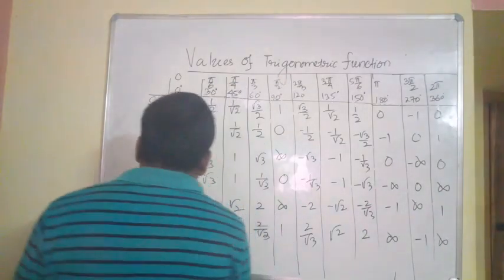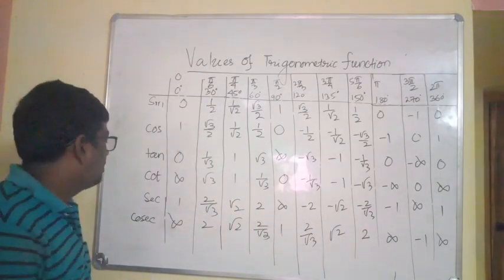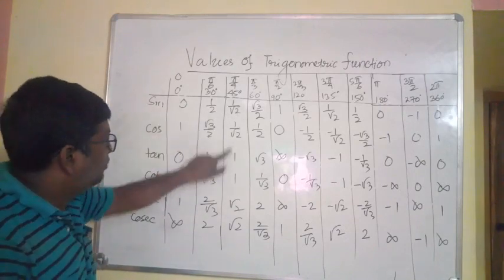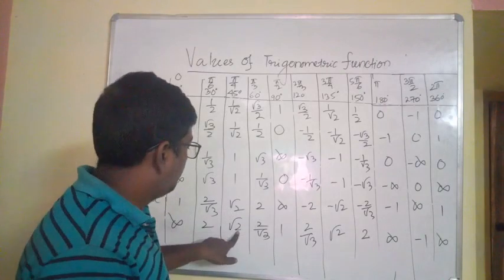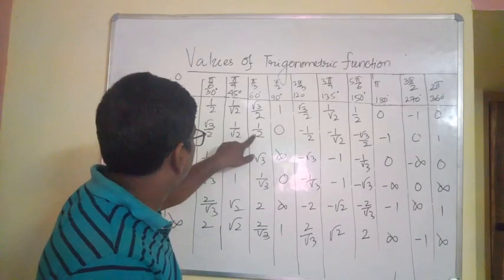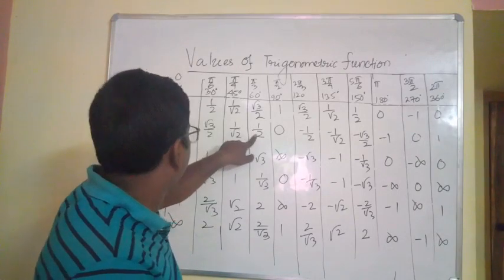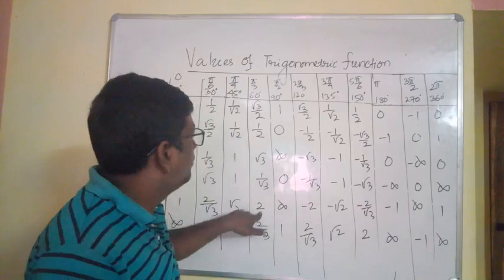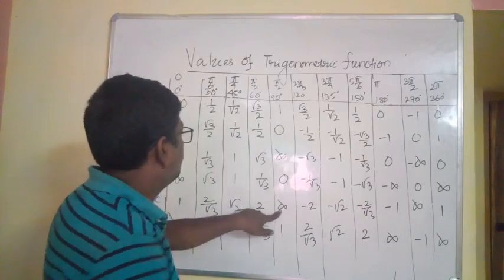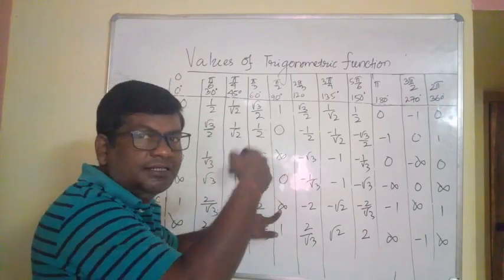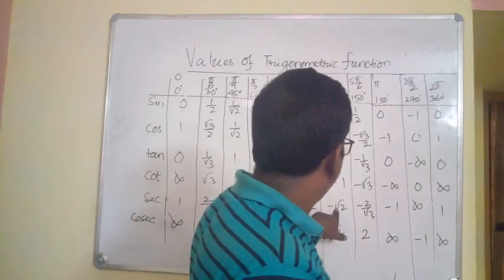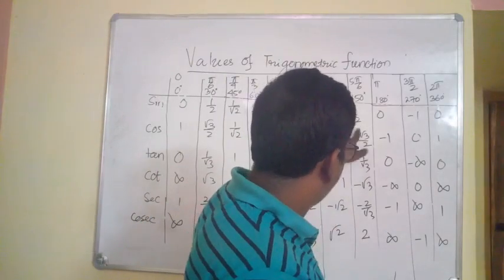Similarly, sec means reciprocal of cos: the values are 1, 2 by root 3, root 2, and the reciprocal of 1 by 2 is 2. Then at 90 it is 0, so its reciprocal is 1 by 0, infinity. Then minus 2, minus root 2, and 2 by minus root 3.